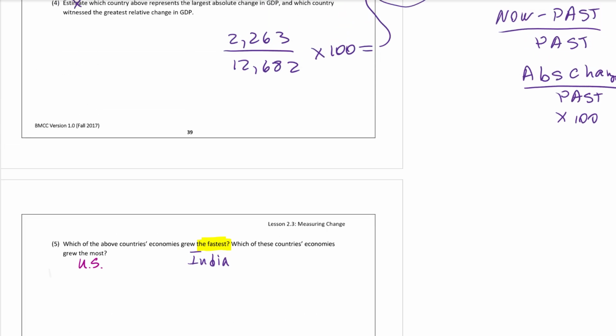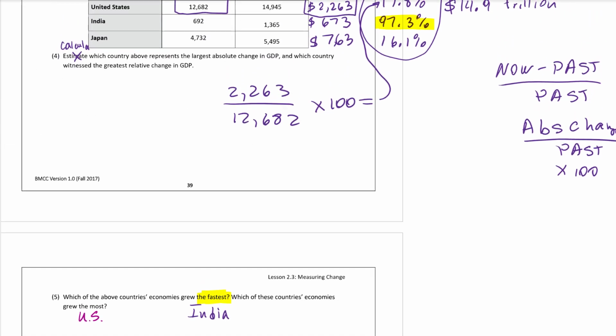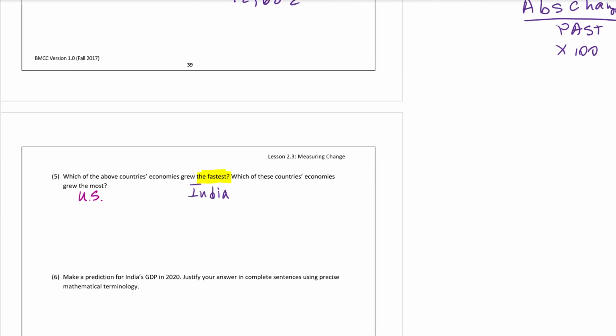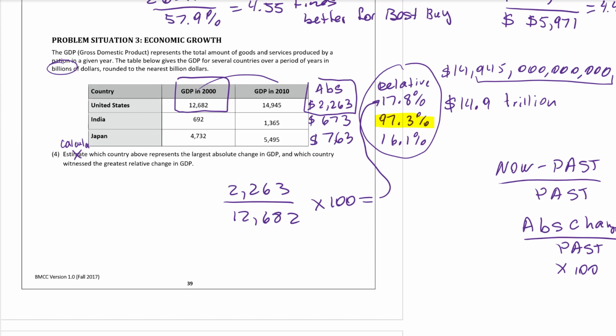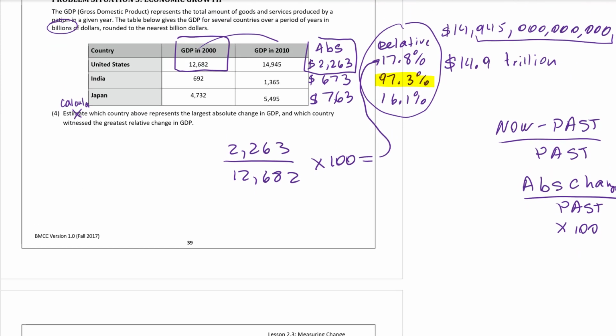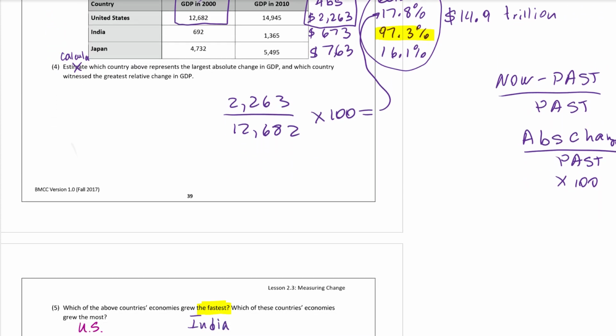So if we use India's percentage, 97.3 percent of what it was in 2010. In 2010, India was 1365.